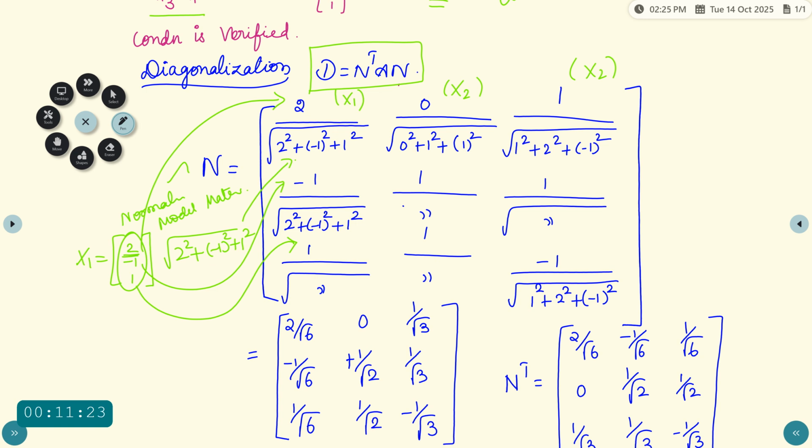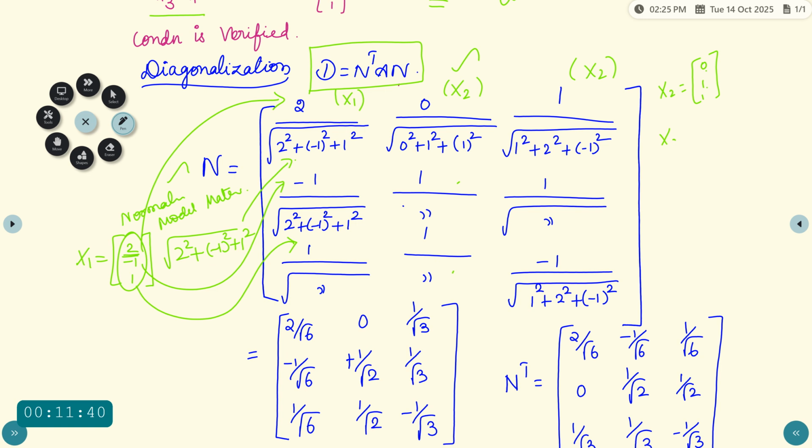So, go to the second column. The second column is x2. Capital X2 equal to 0, 1, 1. 0 divided by root of 0 square, 1 square, 1 square. Similarly for the others.